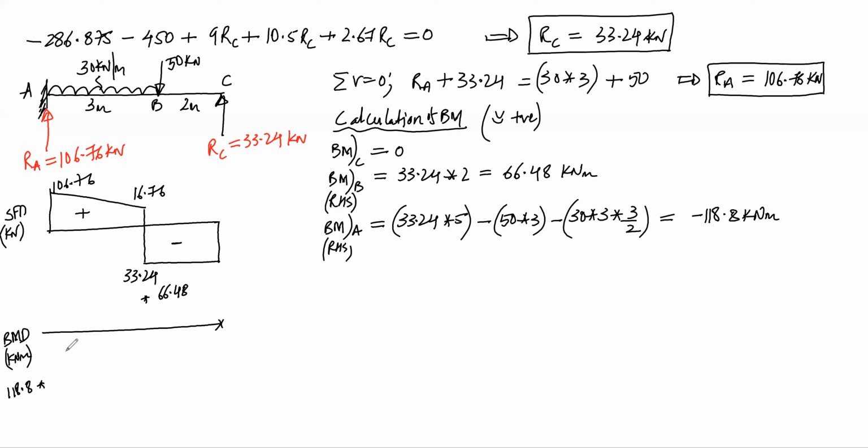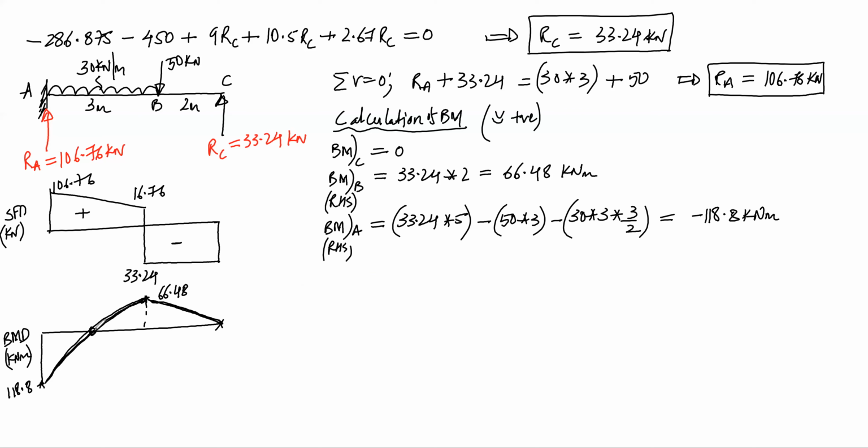So this will be a straight line here. And from A to B, you have a UDL. So this will be a parabola, curved portion. And from B to C, there is no load. So this will be a straight line, right? So this is a curve and this will be a straight line.